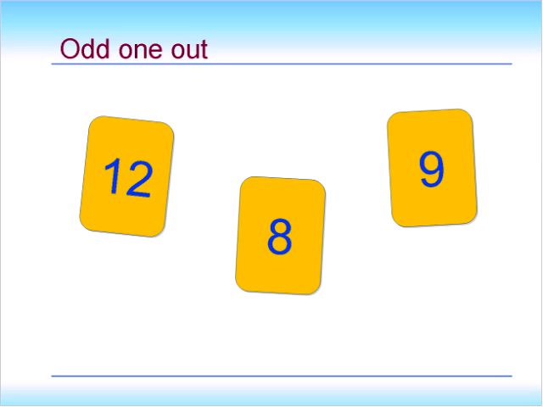I've actually used it in English as well with characters from a book. 3 different characters, which is the odd one out? You know, maybe 2 male and 1 female, or 2 from one family and 1 not, or 2 who are evil and 1 that's a good character, and so on. It's a nice, simple activity.